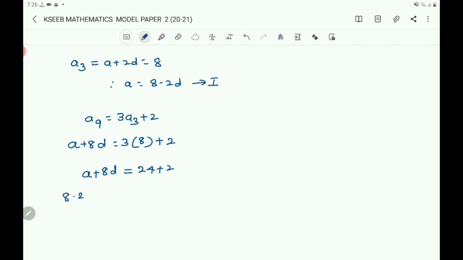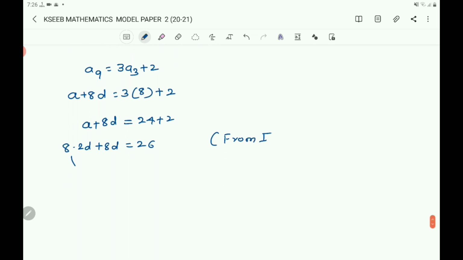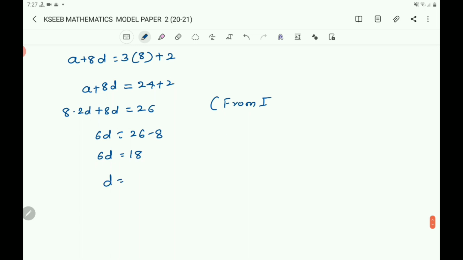Then you write the value of a from the first equation. That is 8 minus 2d plus 8d equals 26. Then you shift this 8 to the RHS. Here 8d minus 2d becomes 6d equals 26 minus 8. Then 6d equals 18. So d equals 18 by 6. 6 ones are 6, 6 threes are 18.